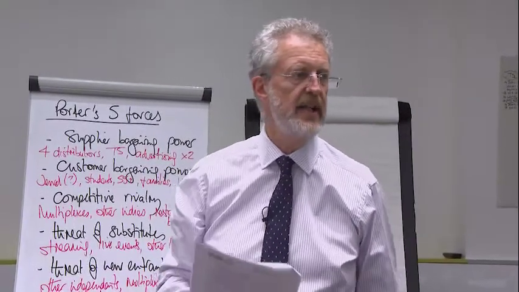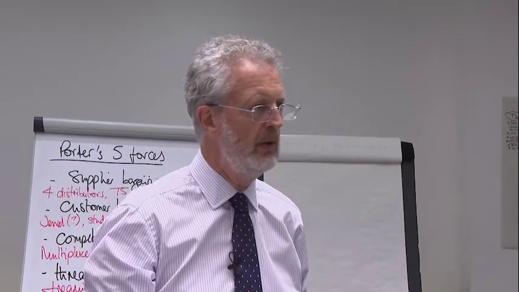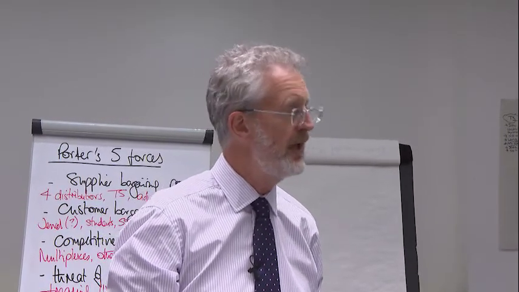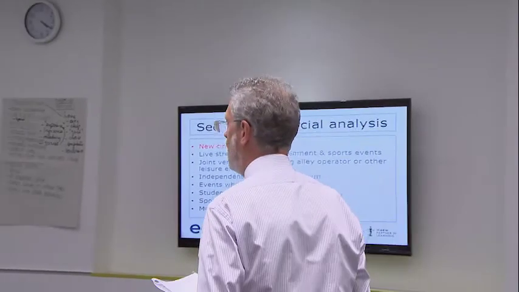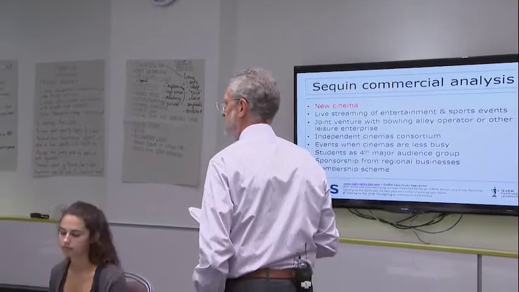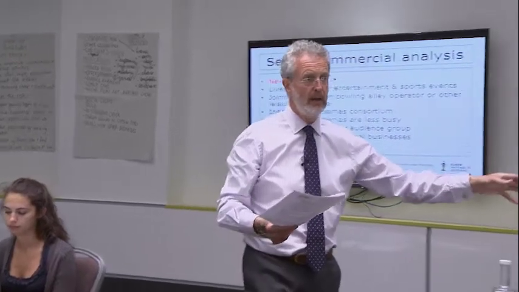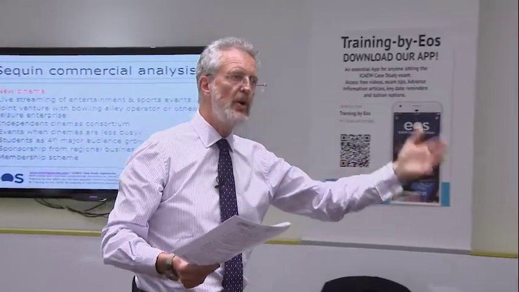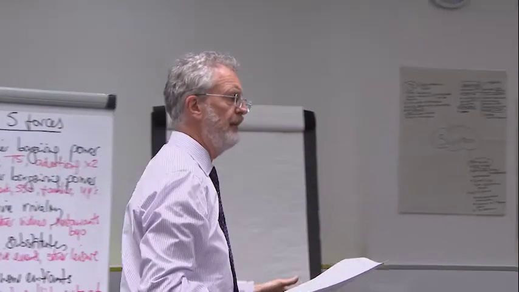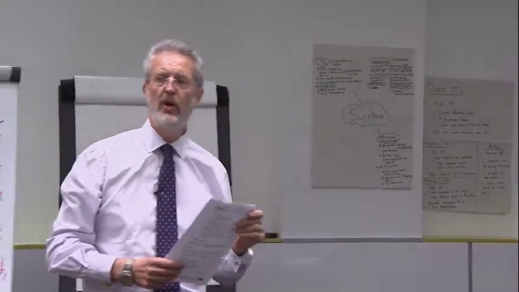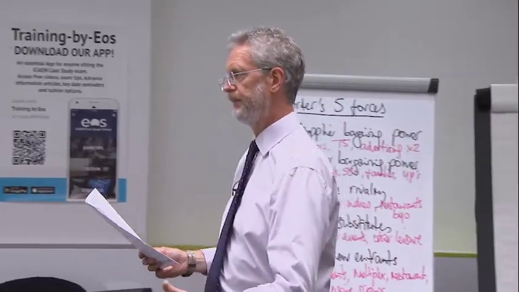The second sentence is then either linking it to another reason why it's important, so that's linking in terms of your evaluation, or it goes on to answer the question, so what? The one question that turns up the whole time is why? But every so often, during your answer, you're going to develop your argument a little further and answer the question, so what? What does it mean for Sequin going forwards?